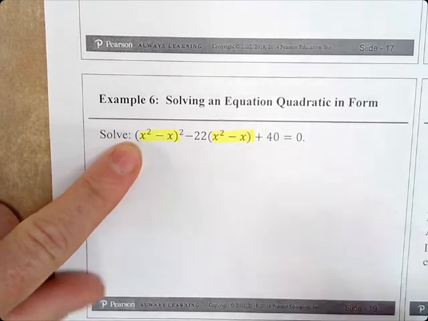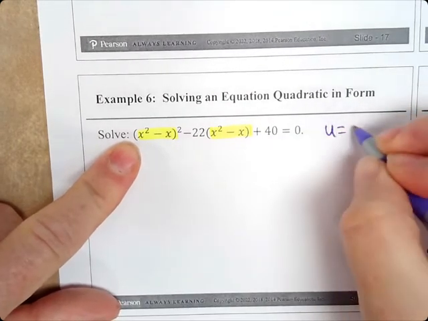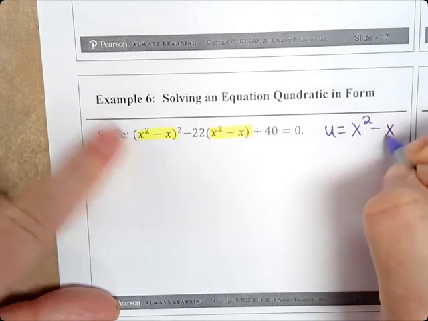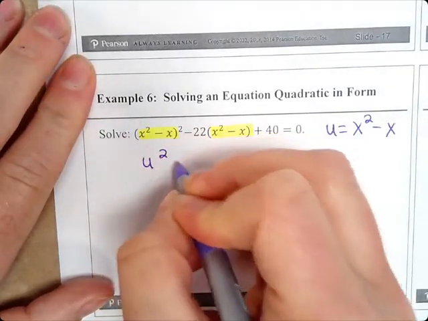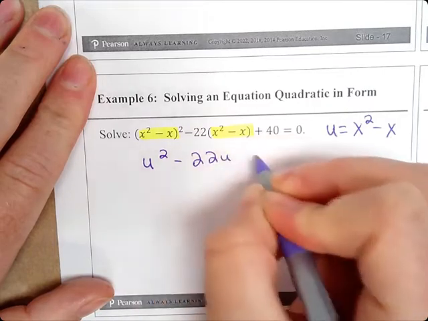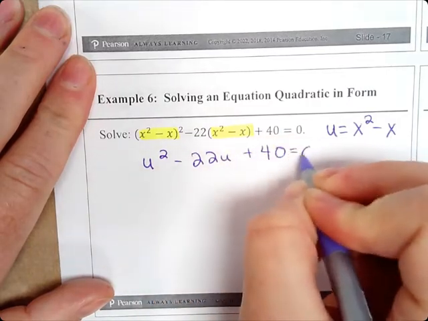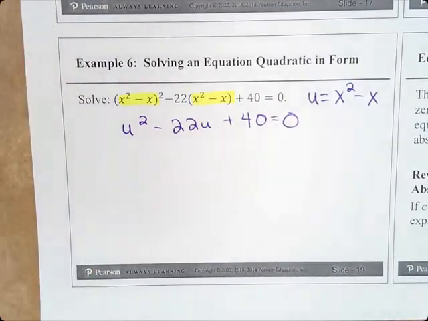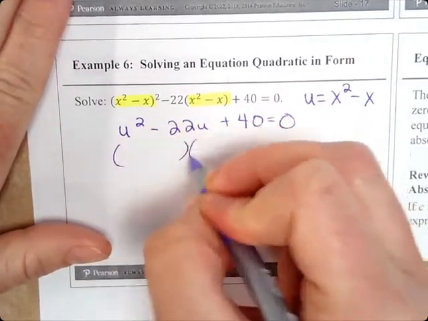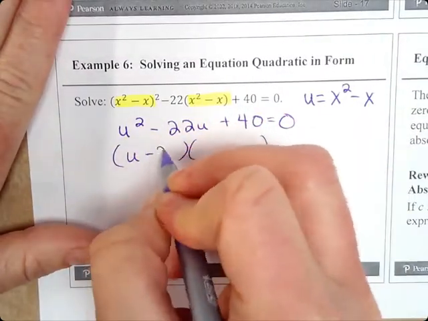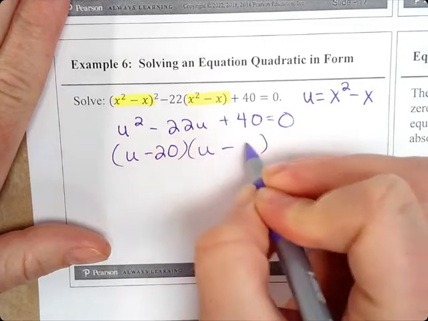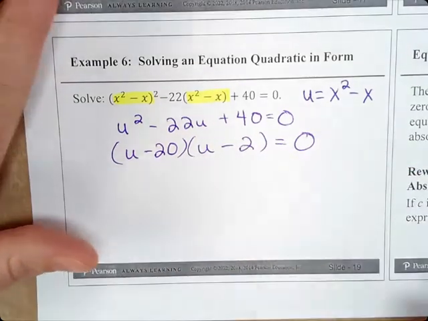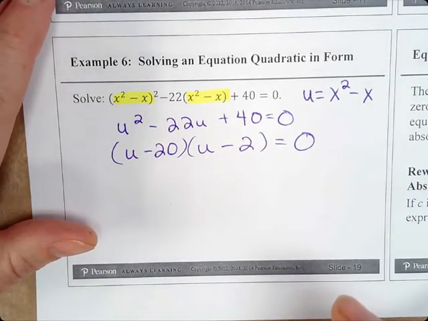So what's going to make this a lot easier is whenever you substitute in the u. So it'll be u squared minus 22u plus 40 equals 0. So now the factors: negative 20 and negative 2. Mrs. Ozzy, where'd you get 22u?